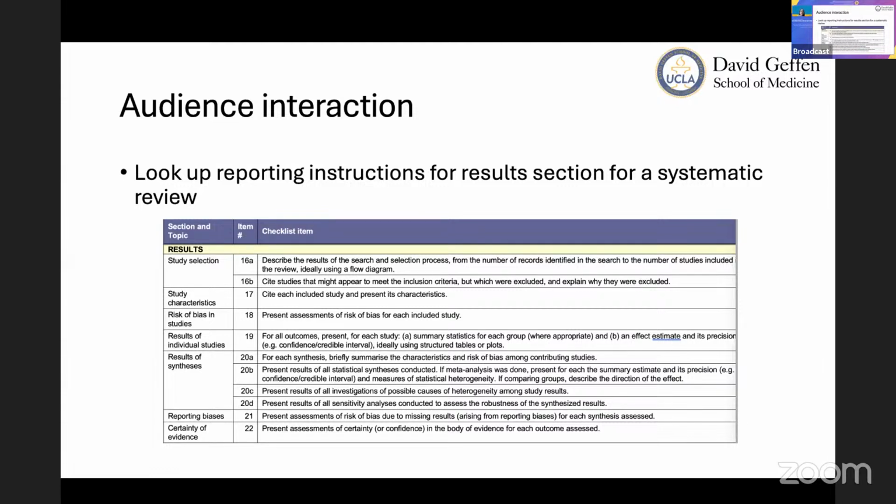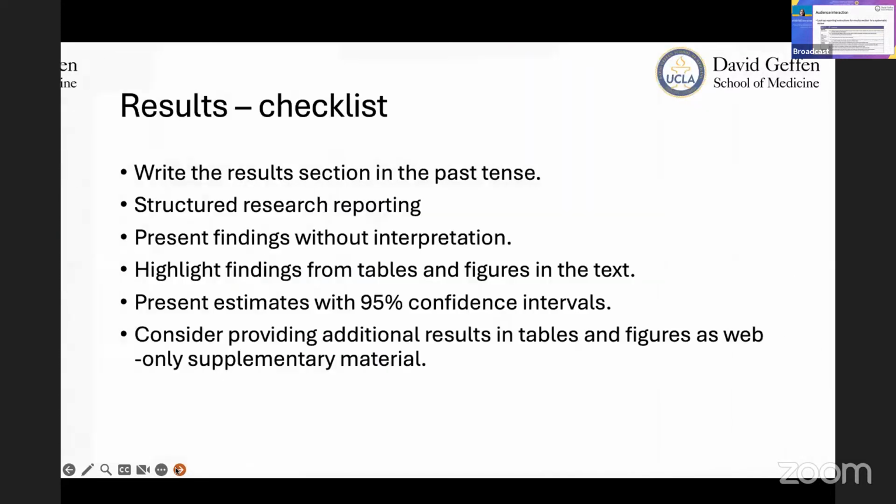So there are specific things that you have to include when you're scientifically writing a systematic review. Similarly, there will be other things for a randomized control trial, a case series, and other things. So you really have to depend on what type of article you're publishing.